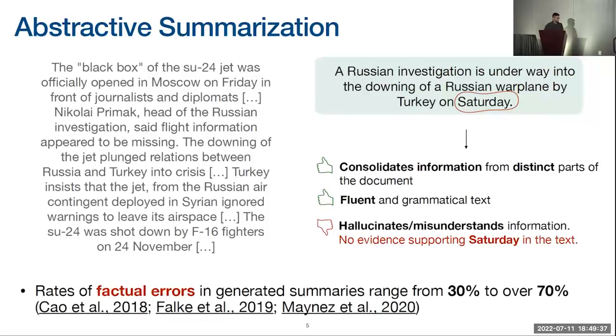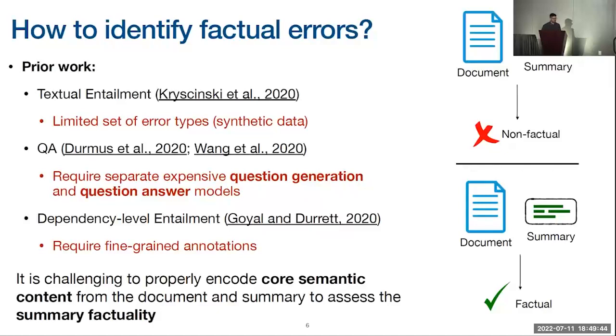Actually, previous work reported rates of factual errors ranging from 30 to over 70%. So how to identify factual errors? Prior work tried different approaches, like a textual entailment approach trained on synthetic data. Other models use a QA approach with an expensive pipeline to generate questions and compare answers using the input document and the summary.